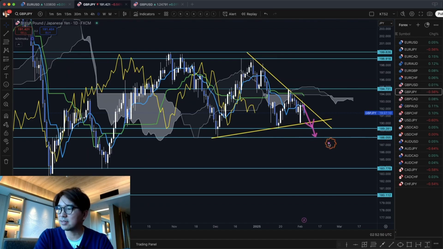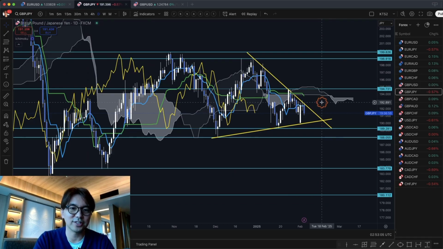If it breaks, it can go all the way down to 183.779. So far, this is a range, so it's better to wait for the P wave breakout. And with that in mind, I monitor the chart continuously. So this is how I would draw the lines on Pound JPY live right now.